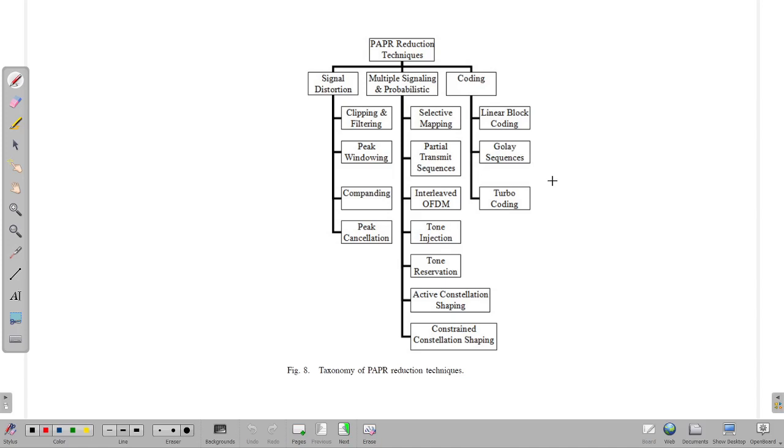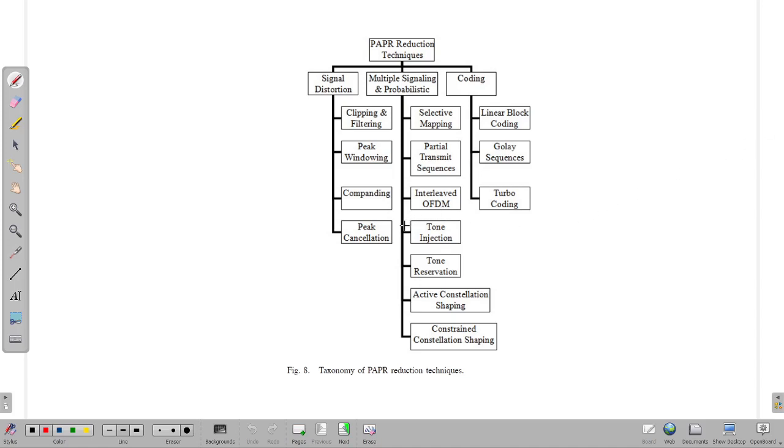And the sequence with the lowest PAPR is transmitted. So it needs an optimizer, a selection circuit, to select the signal with the lowest PAPR.